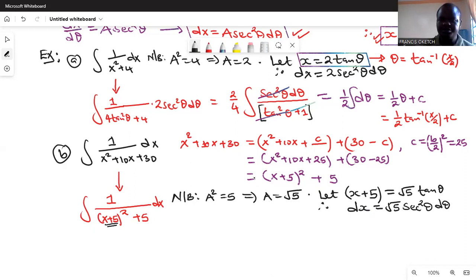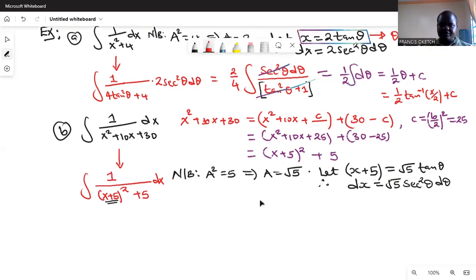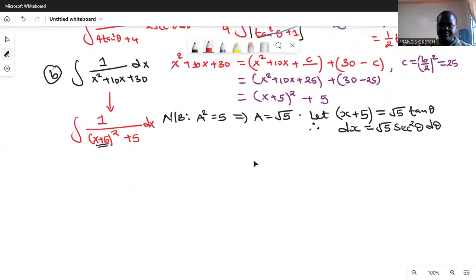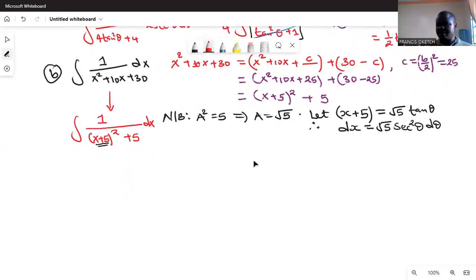So let's substitute these two into our integral. Instead of x plus 5, I am now going to write root 5 tan theta. And remember, it is x plus 5 squared.